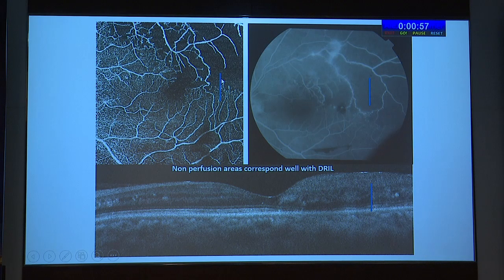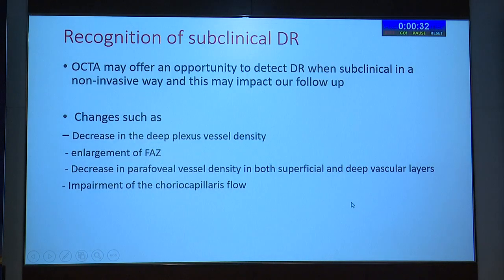Now this is again a comparison where you have the capillary non-perfusion area, you have a distorted FAZ. And this is what appears on doing a fundus fluorescein angiography, where you are again finding this entire area of capillary non-perfusion. And this you can very well correlate with the appearance on OCTA. When you are doing an OCTA, you can very well correlate it with FFA findings.